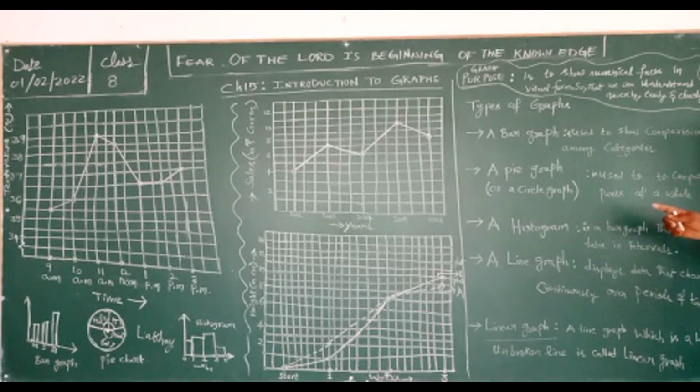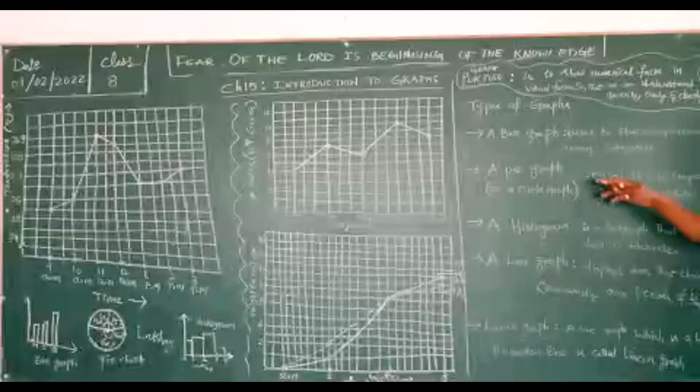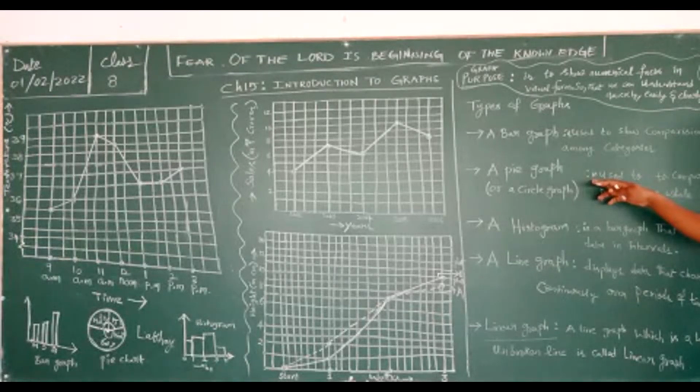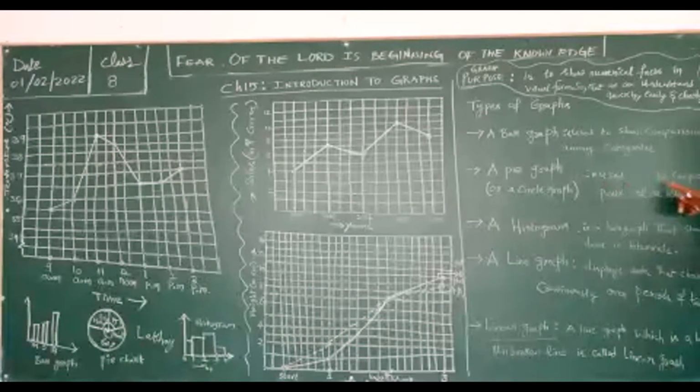If you write that, then that is nothing but used to compare parts of a whole. So every subject's marks we are comparing for only one person, that one person is Lakshayana. If you do it like that, then that is called a pie chart. So here it is written, a pie graph is used to compare parts of a whole.